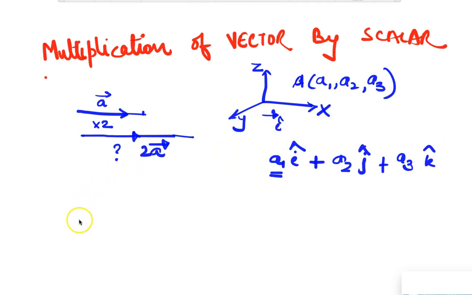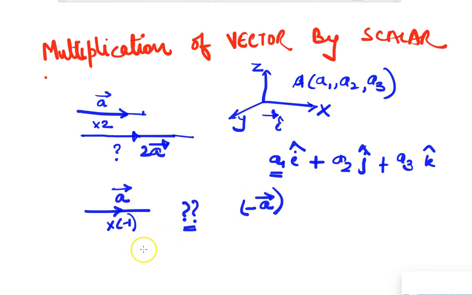Another example, if you have a vector A and you multiply it by minus 1, then what will be the resulting vector? Yes, you were right. It is minus A vector. What does that mean?